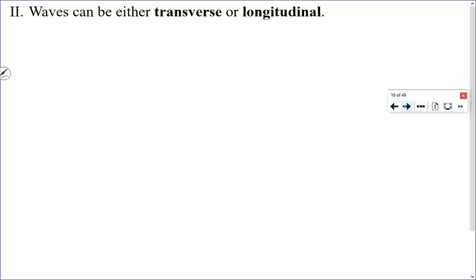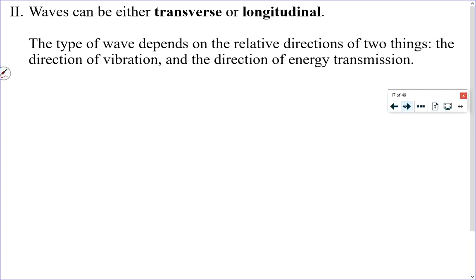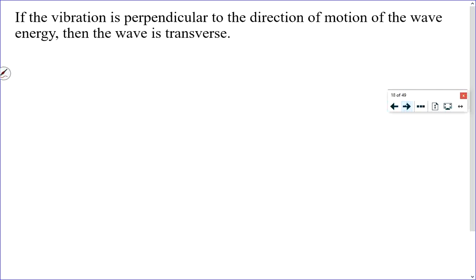Waves can either be transverse or longitudinal. What determines whether a wave is transverse or longitudinal is how the medium is vibrating compared to how the energy is moving. Okay, and there's a difference. I'm going to show this to you with a number of demonstrations and illustrations.